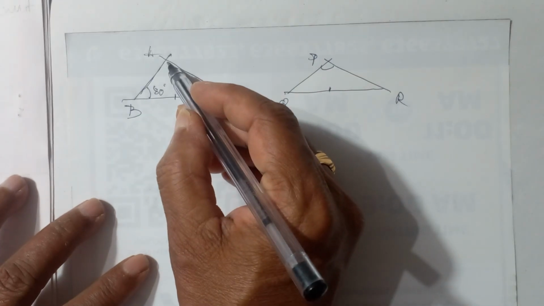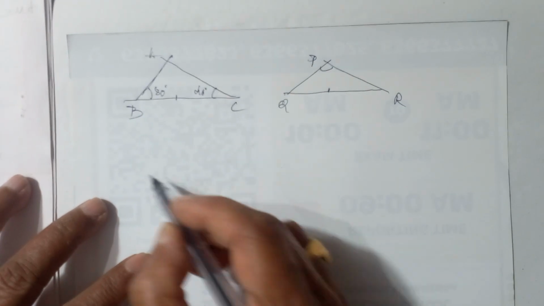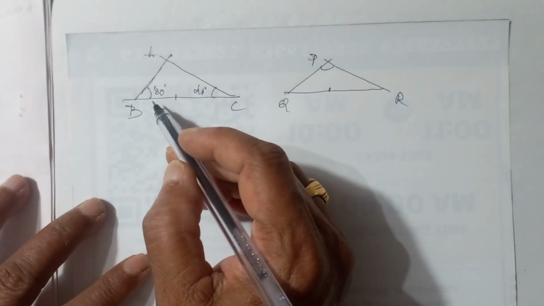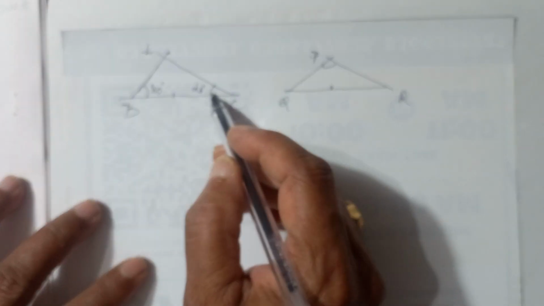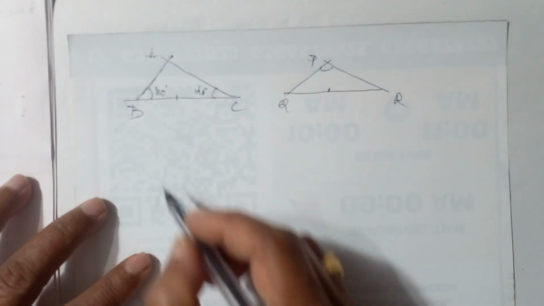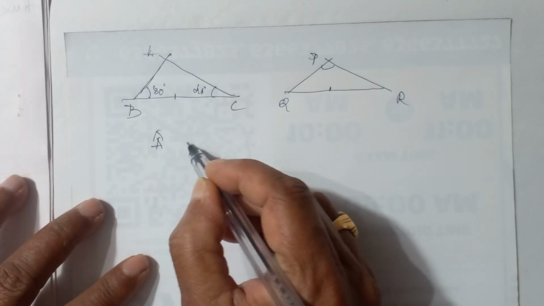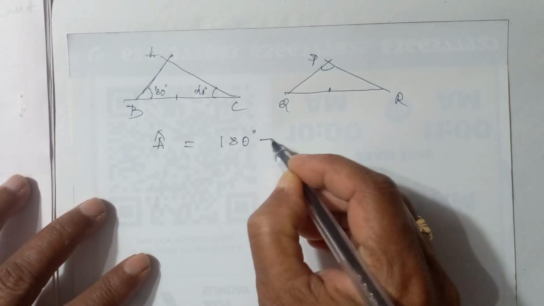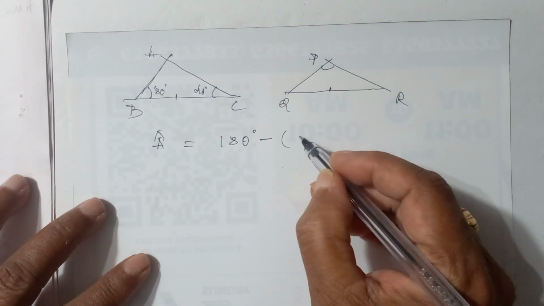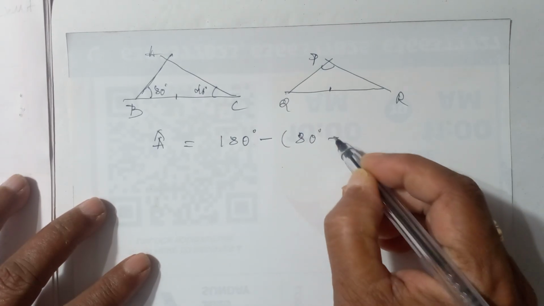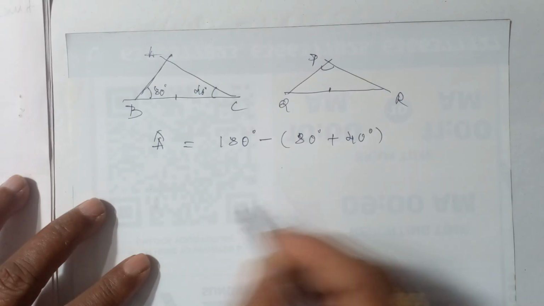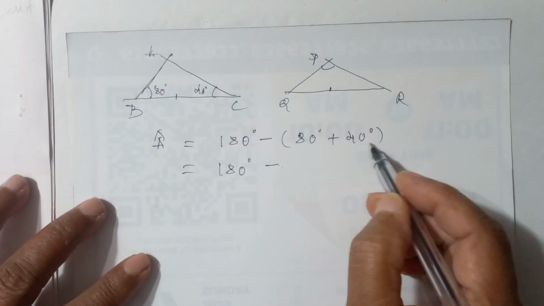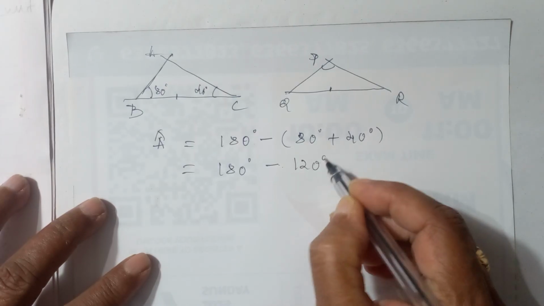Here I want to find, in the triangle ABC, the angle A. You know that the sum of the angles of a triangle is 180 degree. From that 180 degree, subtract the sum of these two, and you get the angle A. Therefore, angle A is equal to 180 degree minus 80 degree plus 40 degree. It is equal to 180 degree minus, adding these two, 120 degree.